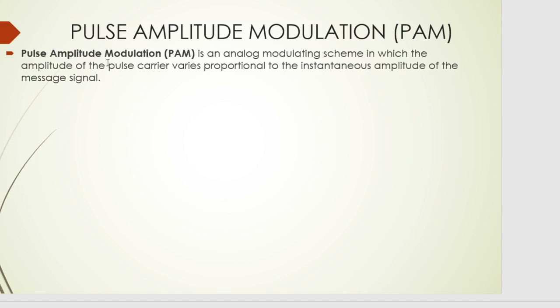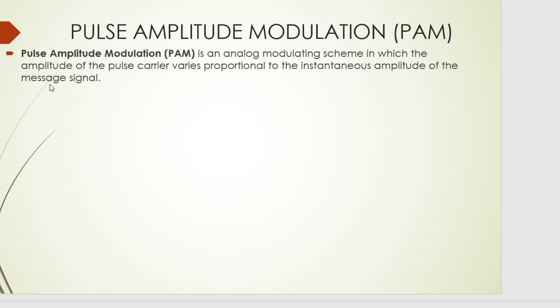So we'll discuss the first method of analog pulse modulation called pulse amplitude modulation or PAM. PAM is an analog modulating scheme in which the amplitude of a pulse carrier varies in proportion to the instantaneous amplitude of the message.